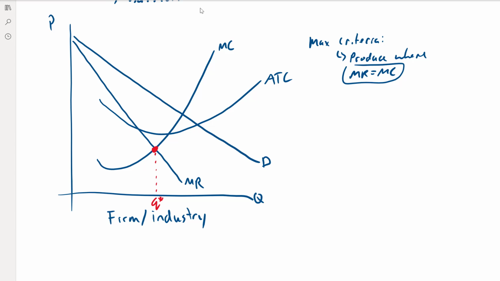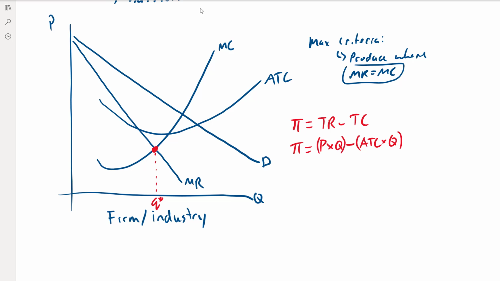Then we need to figure out our profit. So remember, profit is total revenue minus total cost. So profit is price times quantity, which is total revenue, minus average total cost times quantity. So this is total cost.